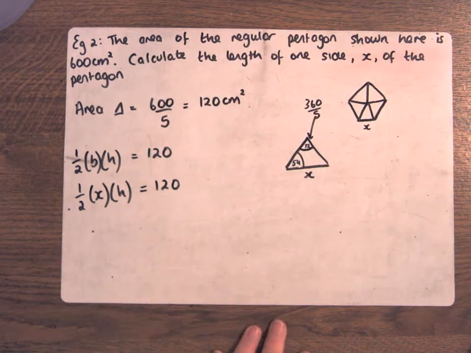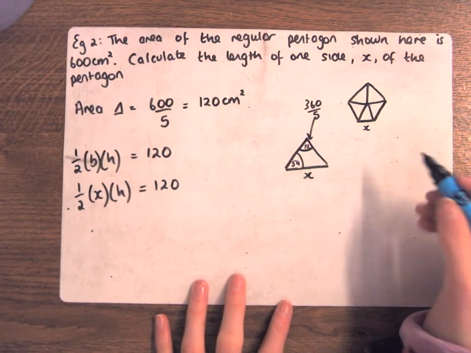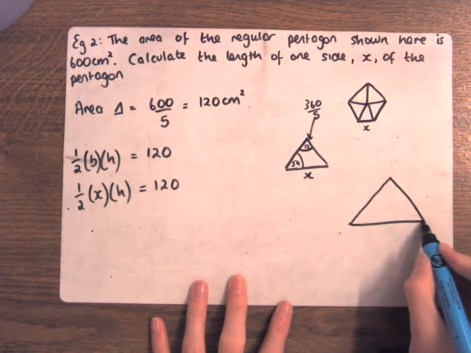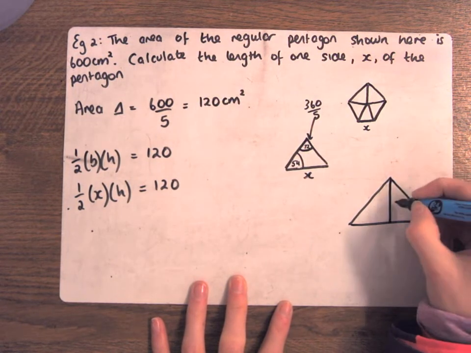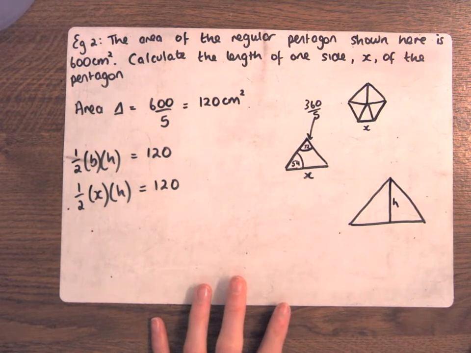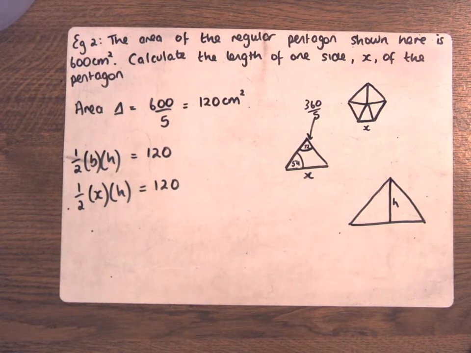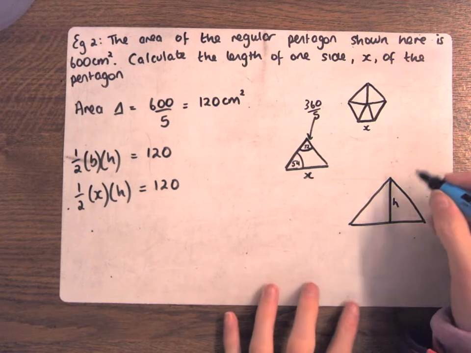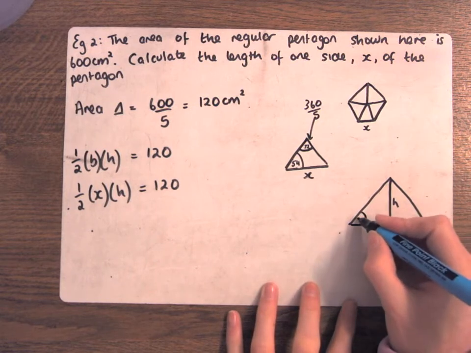Okay, I'm just going to draw this triangle slightly bigger. I'm looking for that perpendicular height, h. Now, something to remember, it's really important. When you drop the perpendicular in an isosceles triangle, we know this is 54.